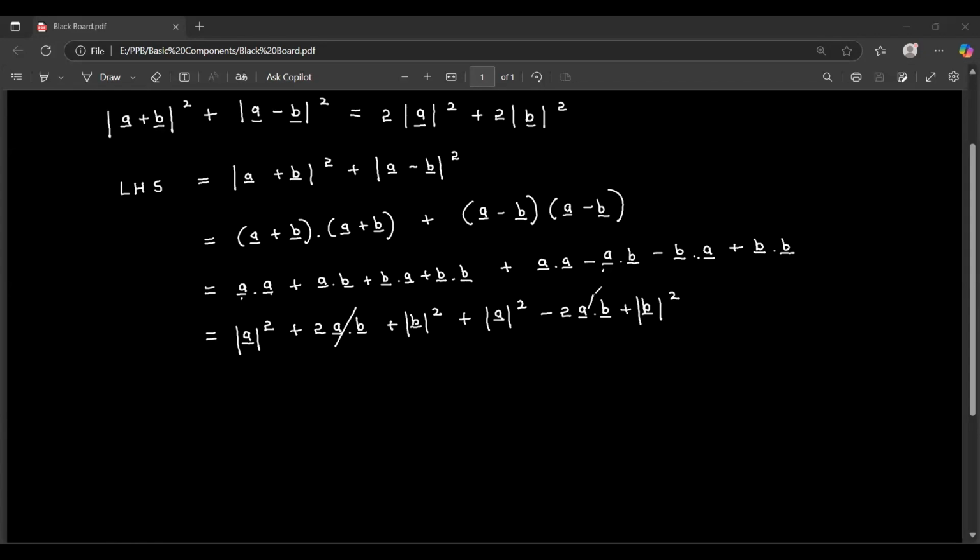Now these two can be cancelled and we will be left with 2 modulus of A squared plus 2 modulus of B squared. And this is how you have to tackle this specific question.